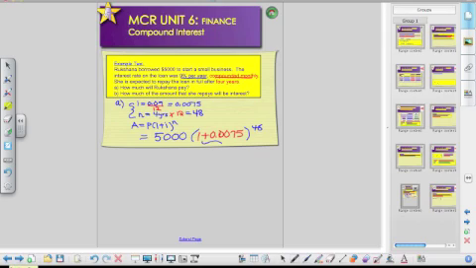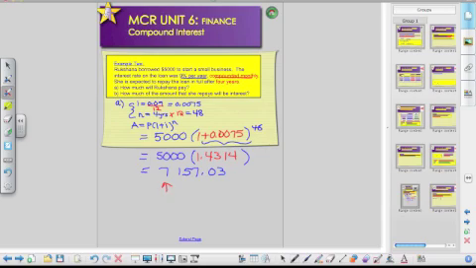So remember, you're going to punch this into your calculator first, and when you do that, 5,000 multiplied by, for this particular question, let's try it with 4 decimal places, 4314, to get a total of $7,157.03.